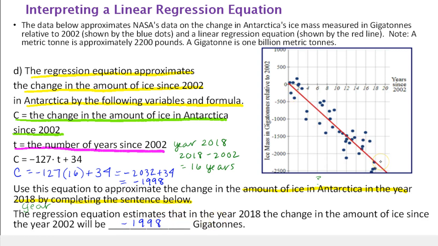Okay, does this mean that that's exactly what we've lost? No. Okay, so if we looked at 16, here are some of the values. Okay, so they're not going to match that exactly. Okay, some of them are close, but this model gives us a general idea.